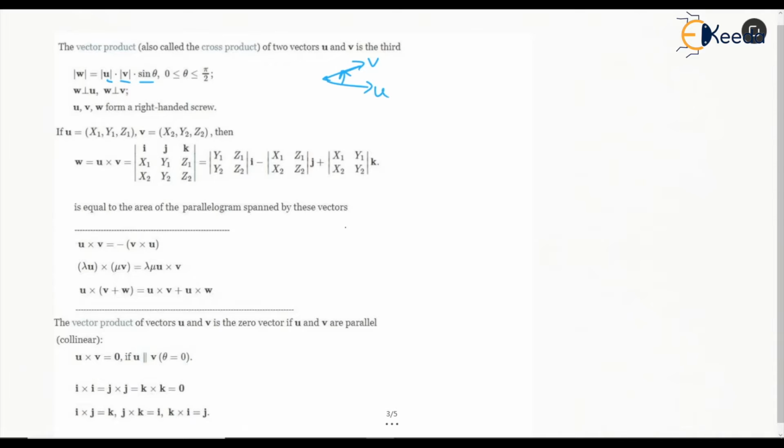And of course, this w vector is going to be perpendicular to the plane containing u and v.